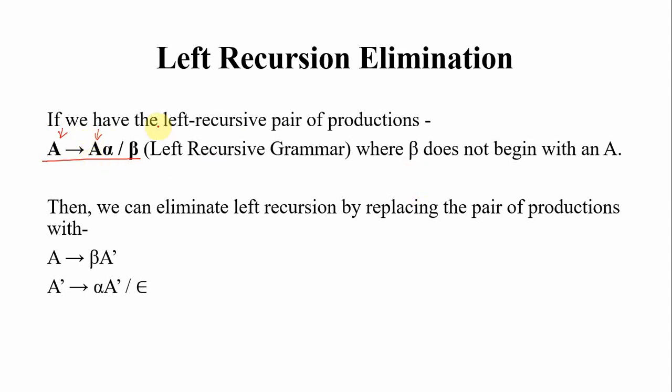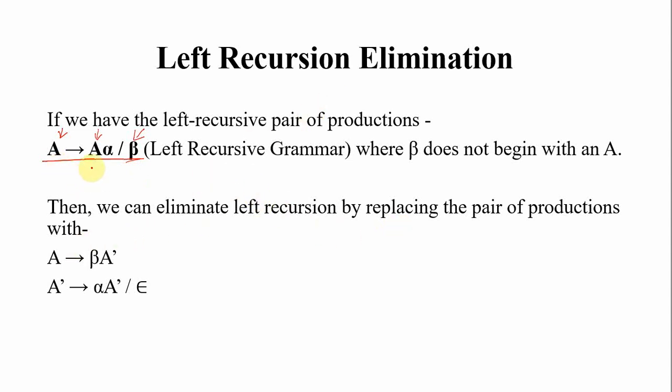And we have one more production for A which doesn't begin with A. So this is a left recursive production, this is not. If that is the case, this is how the left recursion is going to be eliminated.